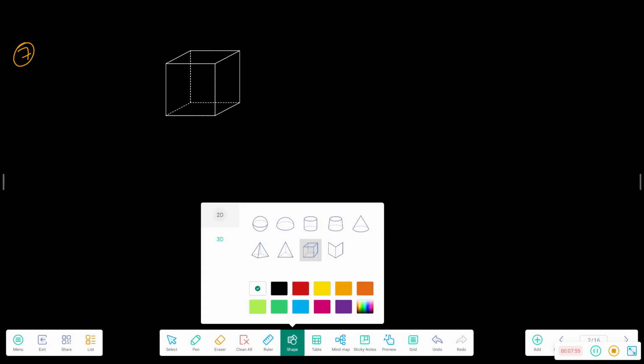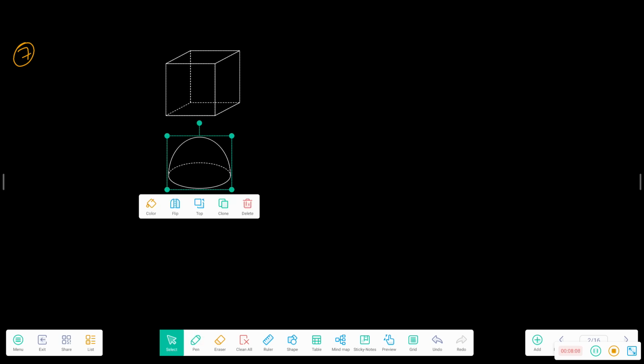In that block, a hemispherical portion was cut out.